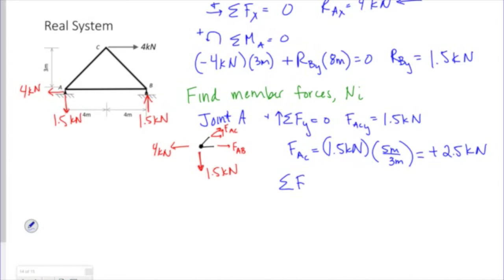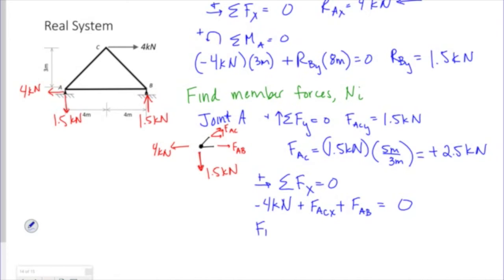Sum of the forces in the x direction. I've got negative 4 kilonewtons plus FACX plus FAB equal to 0. That's the horizontal component in member AC, and member AB, which is only horizontal.